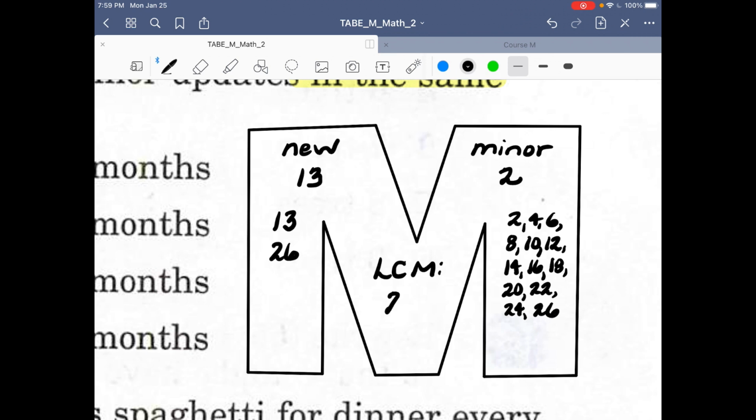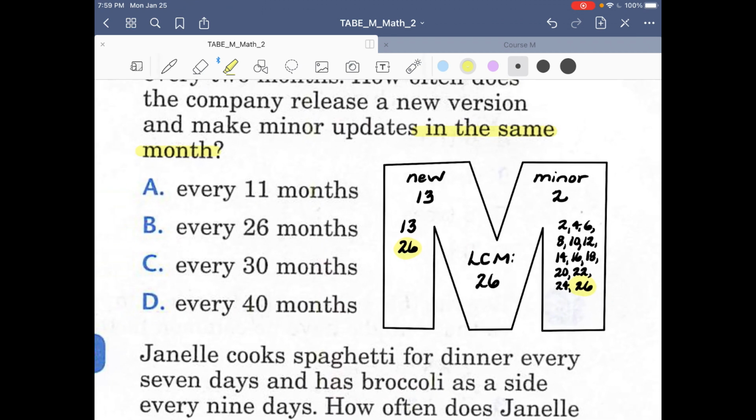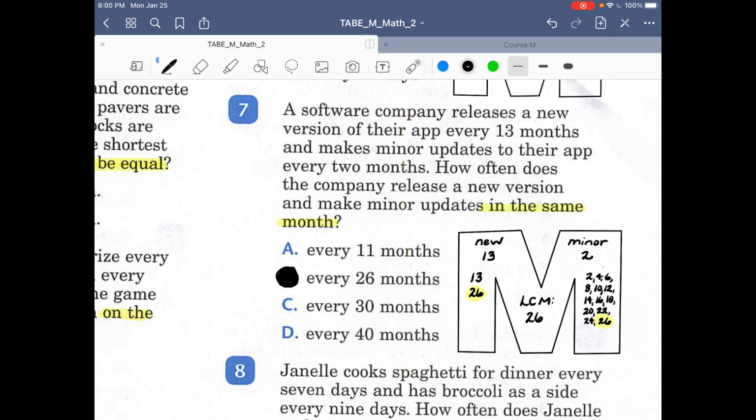So the least common multiple is 26. So every 26 months, so just over 2 years, 2 years would be 24 months. So this doesn't happen often that they get both of those released on the same month. Number 7 is B, as in boy.